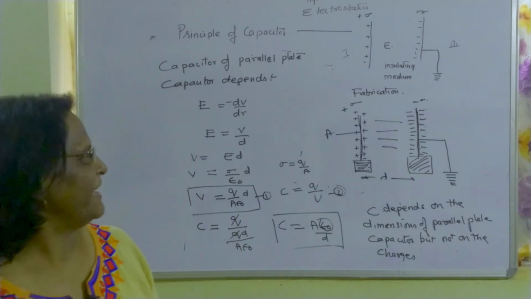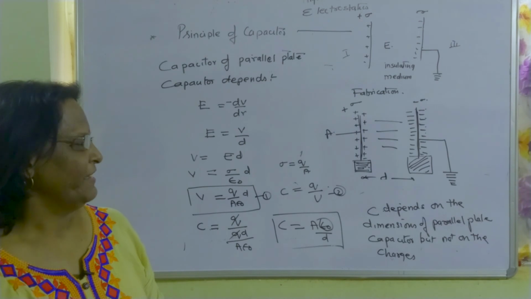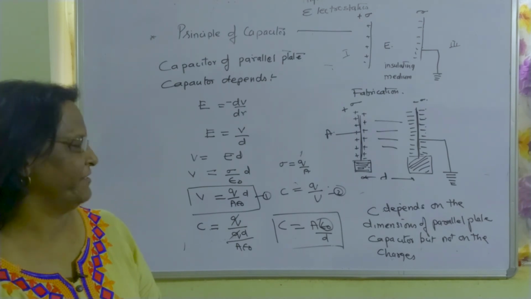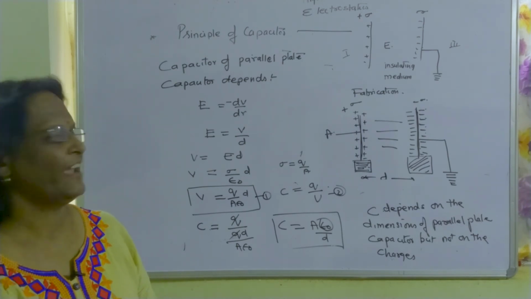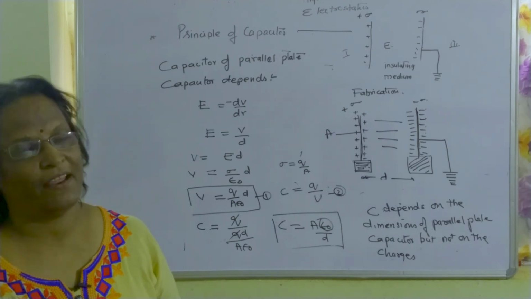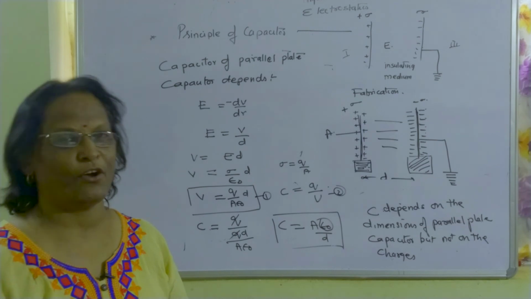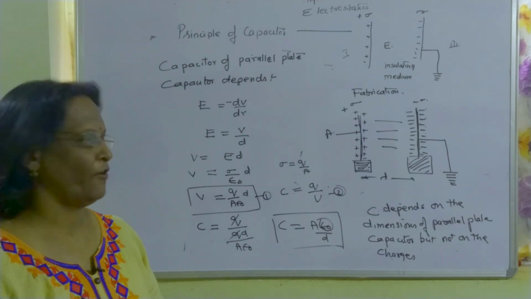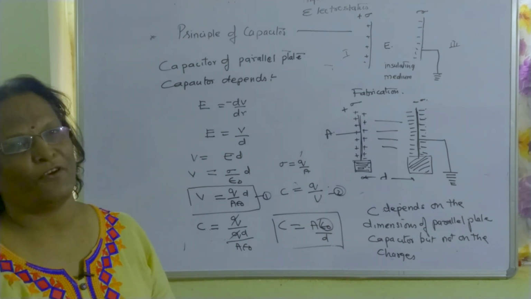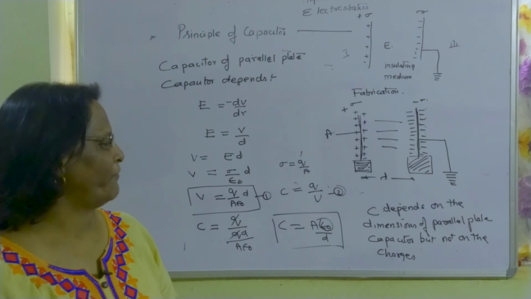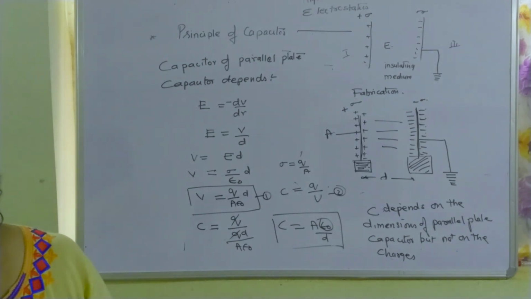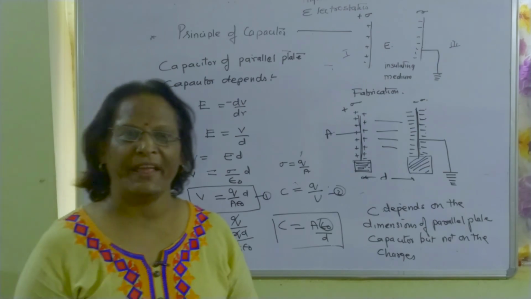So we have understood the fact that capacitance is independent of charge supplied. We covered the principle of the capacitor, the fabrication of the capacitor, the SI unit of capacitance, and the types of capacitor. Among these, I have already explained the parallel plate capacitor. That's all for today's video.